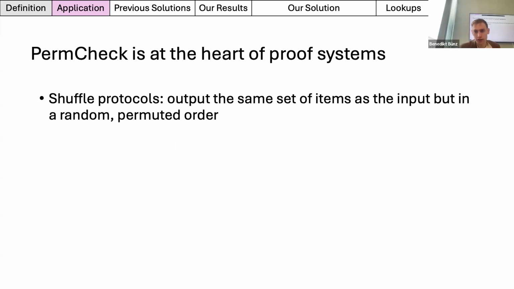Elena's worked on non-interactive routing. You sometimes have these shuffling protocols where, for example, in network communication, this comes up where I want to anonymize the communication.